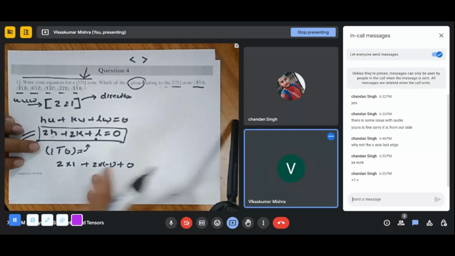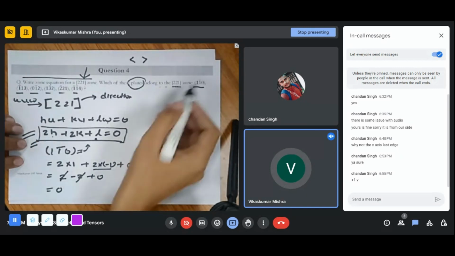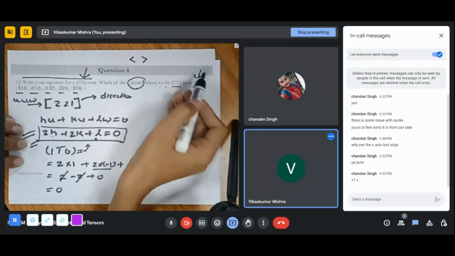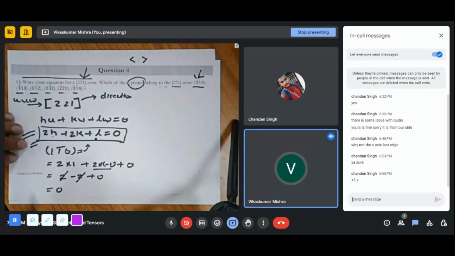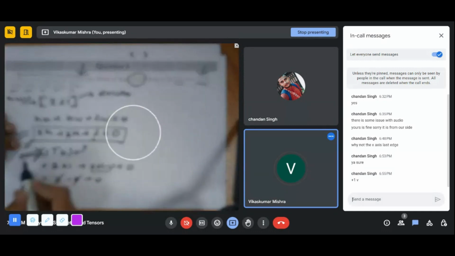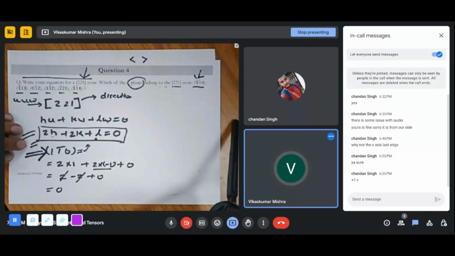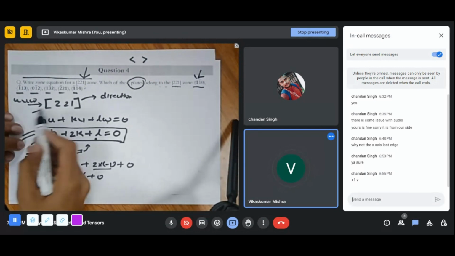An equation is satisfied only when the LHS is equal to the RHS. We get 2, minus 2, plus 0. They cancel out with each other and we are left with 0. So this plane 1 bar 0 satisfies the zone equation, that is, it belongs to the 2 2 1 zone.